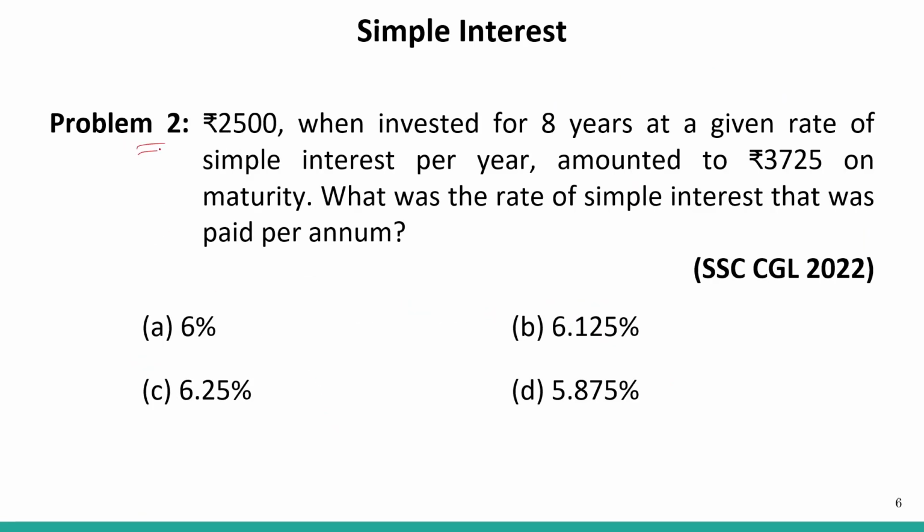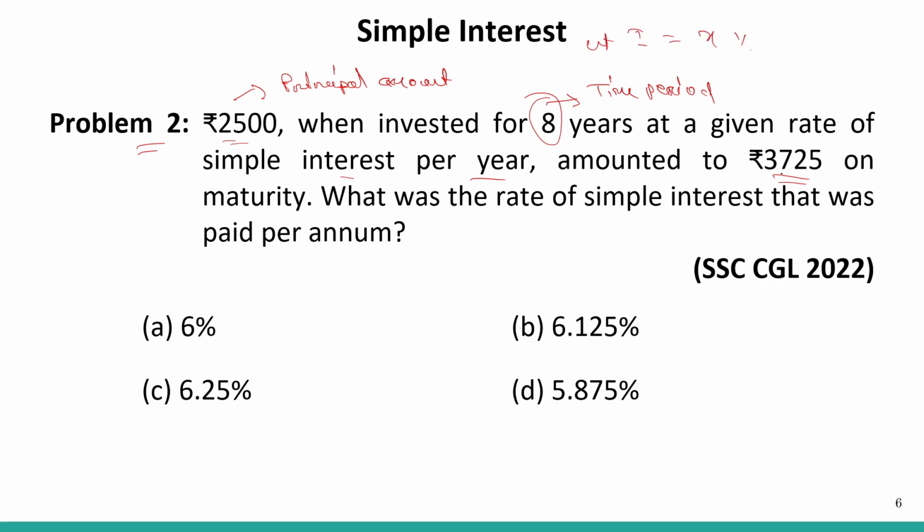So let's see problem number 2. Given that 2500 is the amount, when it is invested for 8 years, so this is the principal amount, right? It is invested for 8 years, so that is the time period. Given a rate of simple interest per year, so let it be X%.